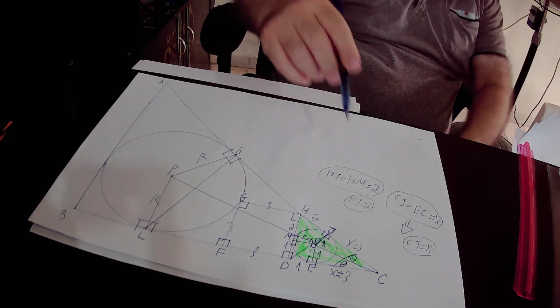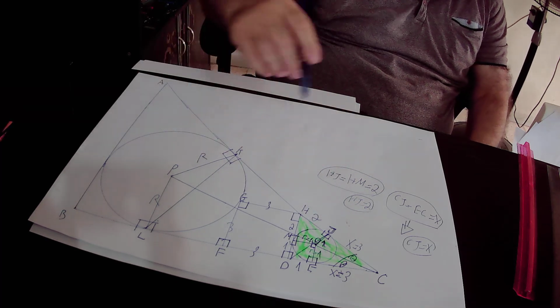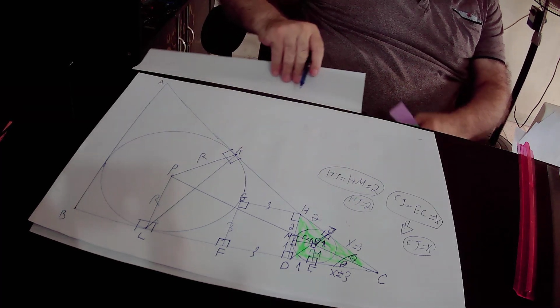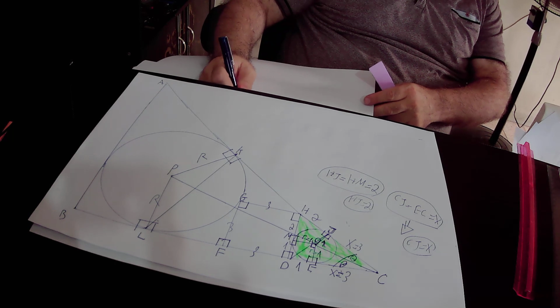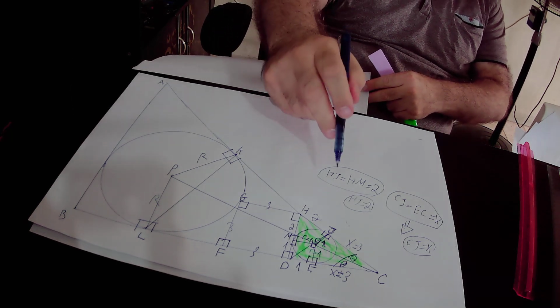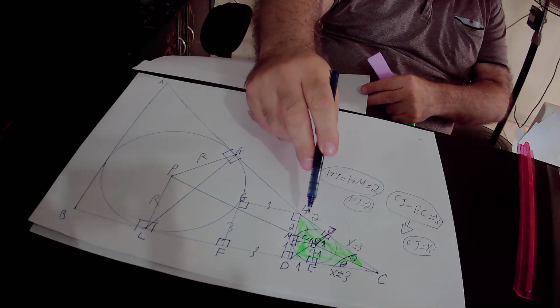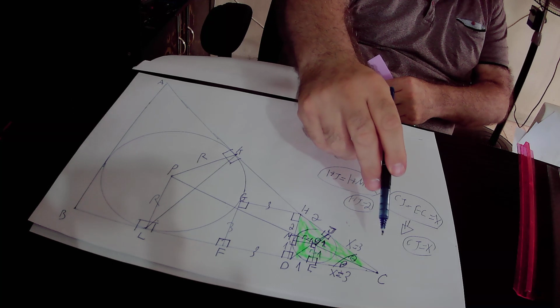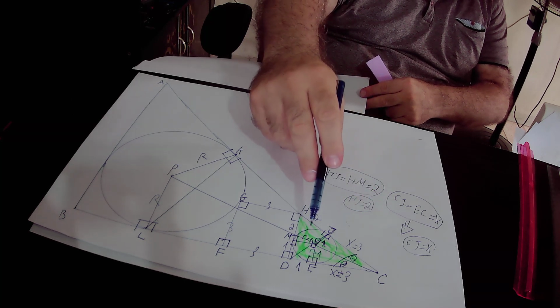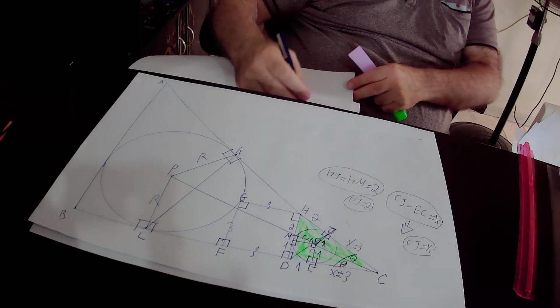So if CO doesn't pass through point P, it means that we will have two angles. The first angle is angle OCD, which is equal to theta.